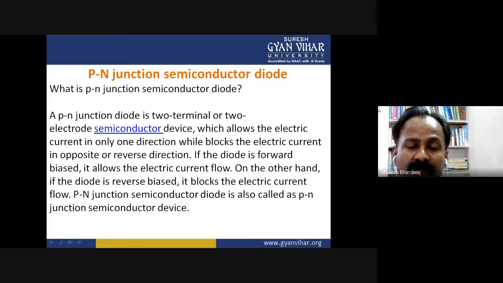The function of a diode is similar to a valve. A valve allows the water to flow in one direction but blocks the water in the other direction.